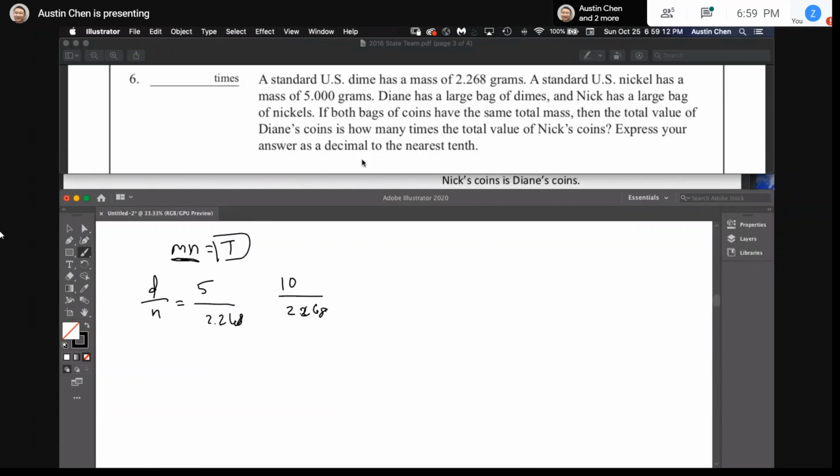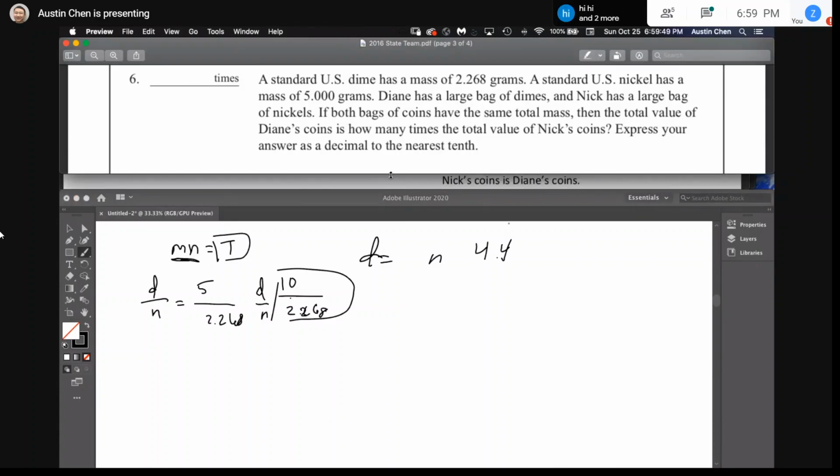Diane had the dimes, so this is just going to be the ratio, because we had the ratio as dimes over nickels. So this is describing the value of them now. Then you just multiply n to the other side, and then d equals that times n, and that's what it says there. So then you just solve that, right? And then you get 4.4.